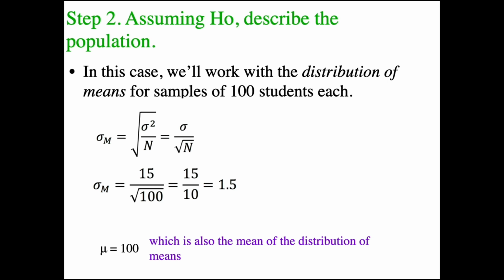That means the spread of the distribution of means for an n of 100 is 1.5. The mu is 100. So this sampling distribution of the means, this comparison distribution, if the null hypothesis is true, would have a mu of 100, and its spread would be a standard deviation of 1.5.